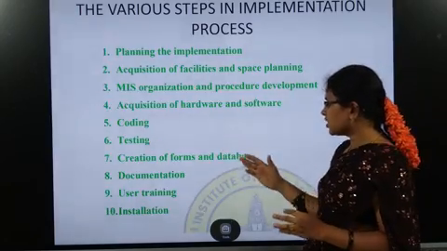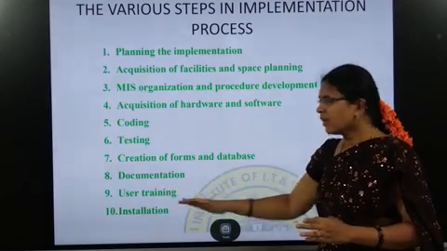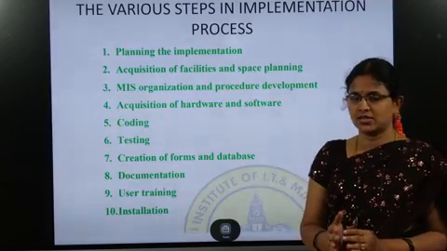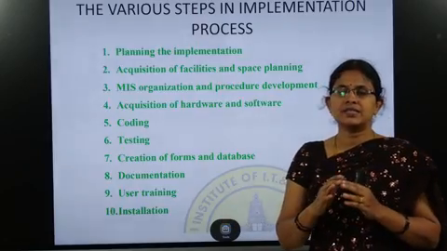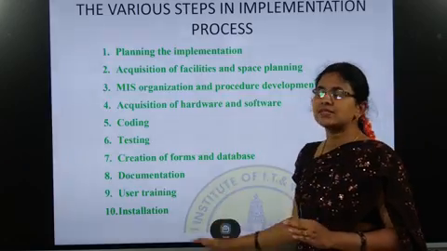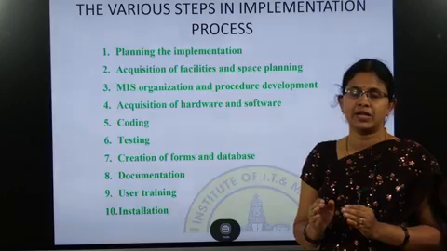After that, based on these forms and databases, we prepare documentation. After that, we provide training to various employees of the organization related to the new system. After training, finally the installation of the new system is completed. So these are the 10 steps involved in system implementation.